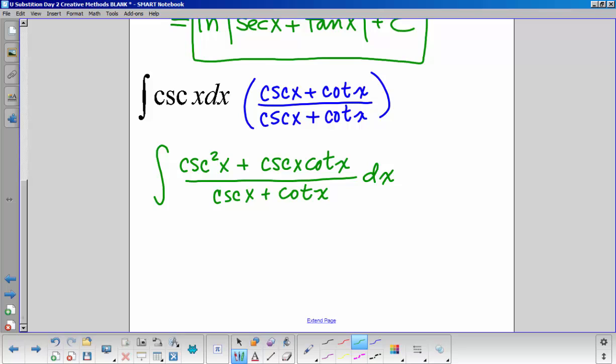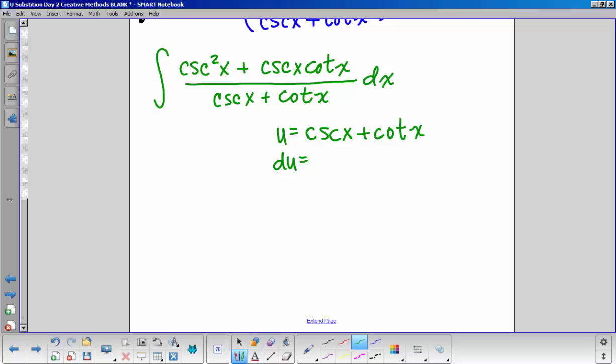So what do you suggest we use for u? Yep, the denominator, so we'll let u equal cosecant x plus cotangent x. Du will be, now watch it, these are both negative, aren't they? So I'm going to say this is negative cosecant x cotan x minus cosecant squared x all times dx.